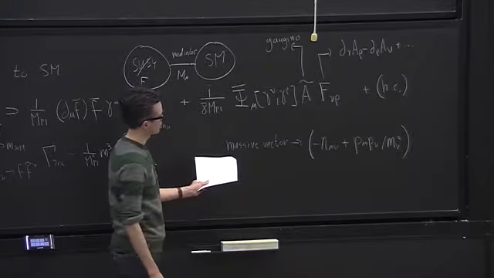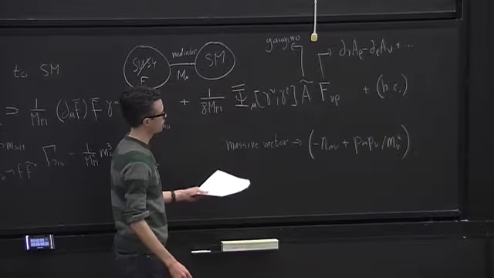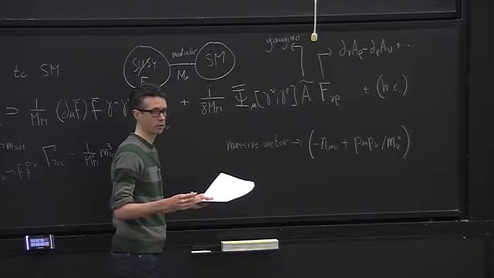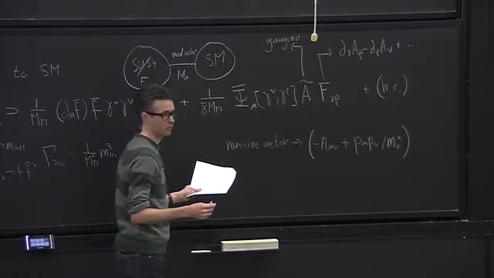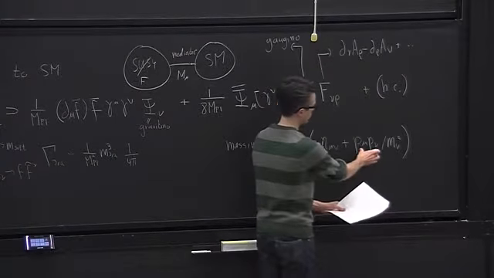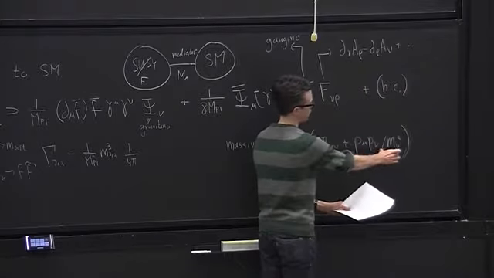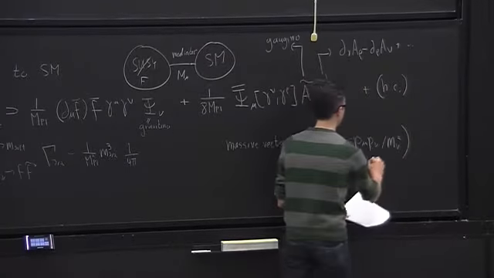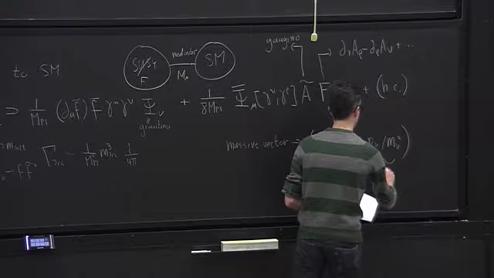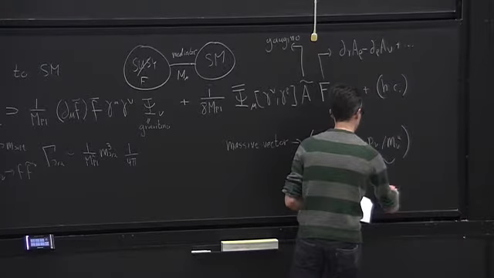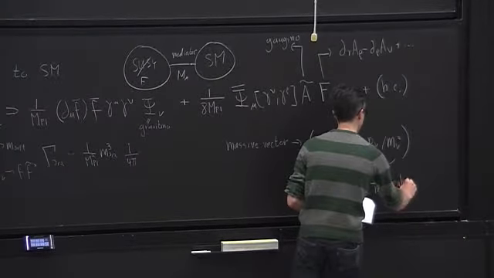Suppose the energy of my process is very large compared to the vector mass. Then this term gives a piece with essentially momentum squared over mv squared, an enhancement that looks something like E squared over mv squared.